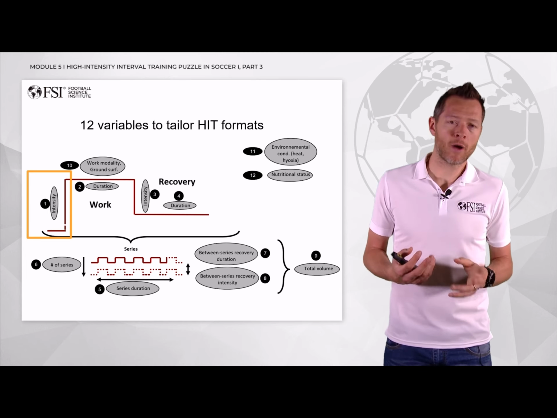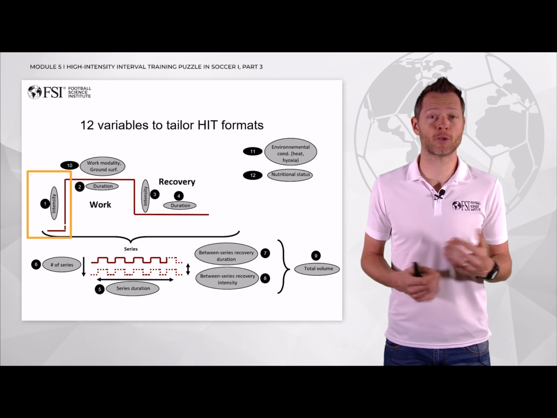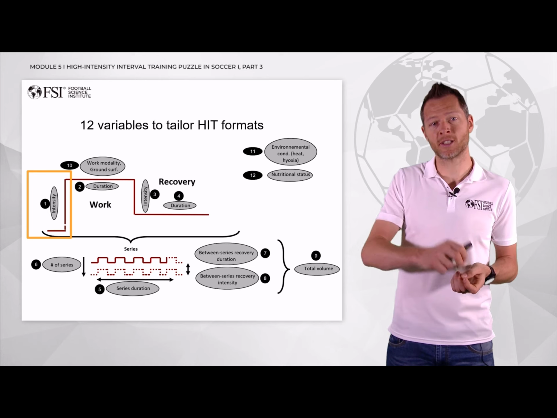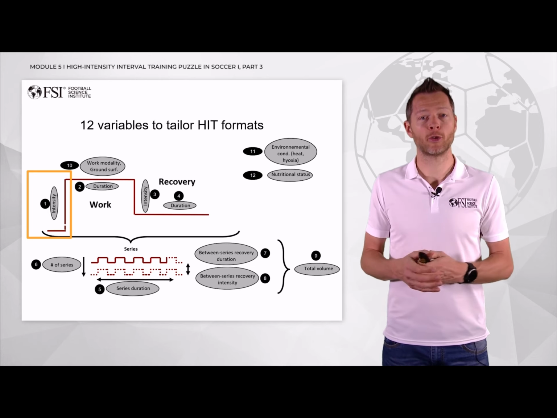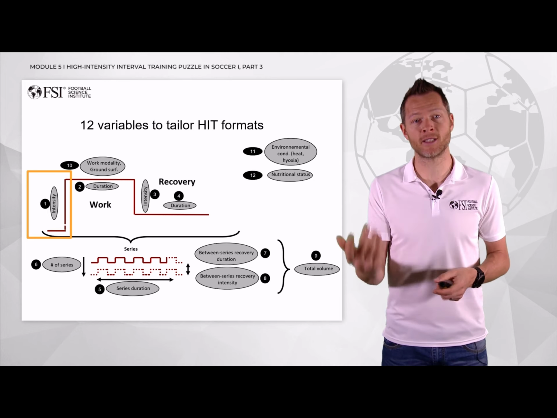I don't think it's really worth spending more time thinking about using heart rate for short interval prescription, because obviously, with the lag and the inertia of heart rate, it's just impossible to use it to make sure players are running at the right pace, right intensity.